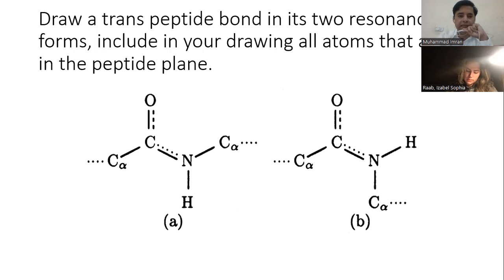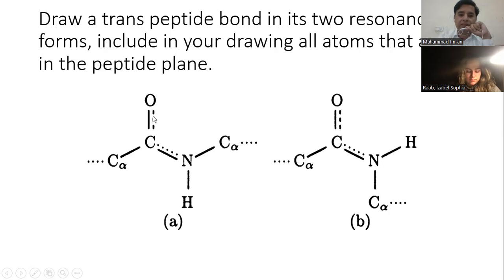In trans configuration, the carbonyl group is in the upward direction and the hydrogen is in the downward direction. This is not possible in the proline structure, because proline has only one hydrogen atom on its nitrogen.